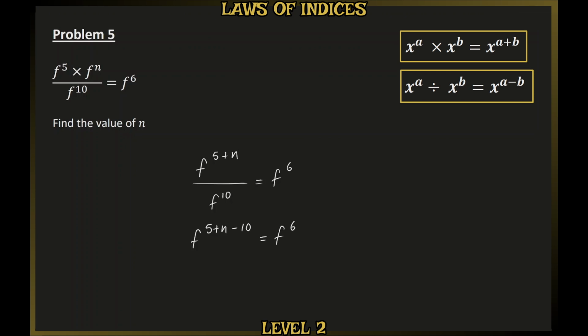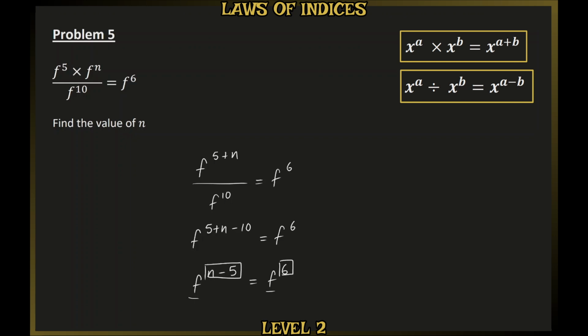If we simplify the left-hand side, we have f to the power of n, and 5 minus 10 is minus 5. So f to the power of n minus 5 is equal to f to the power of 6. Now, since the left and the right-hand side of this equation are equal to each other, and since they have the same base, which is f, this tells us that their powers must also be equal to each other.